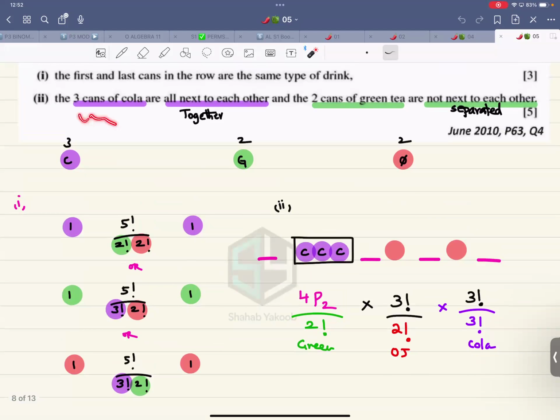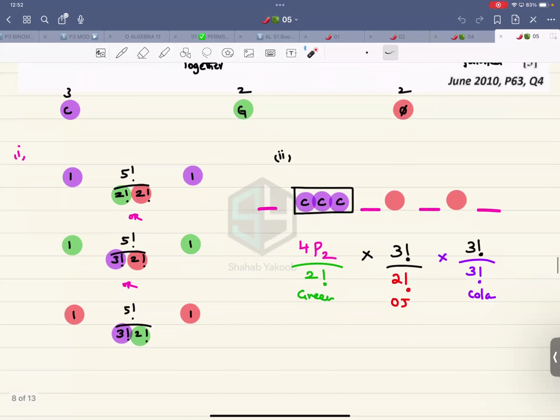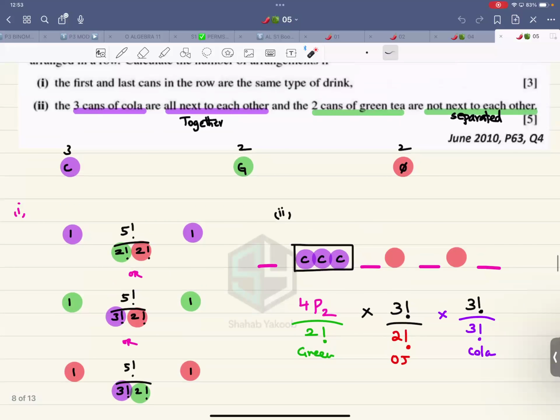Now it says the 3 cans of cola are all next to each other. And the 2 cans of green tea are not next to each other. So the 3 cans of cola in a box. And the green tea is separated. That's why you don't see it over here. This is the OJ, orange juice. So 1, 2, 3.